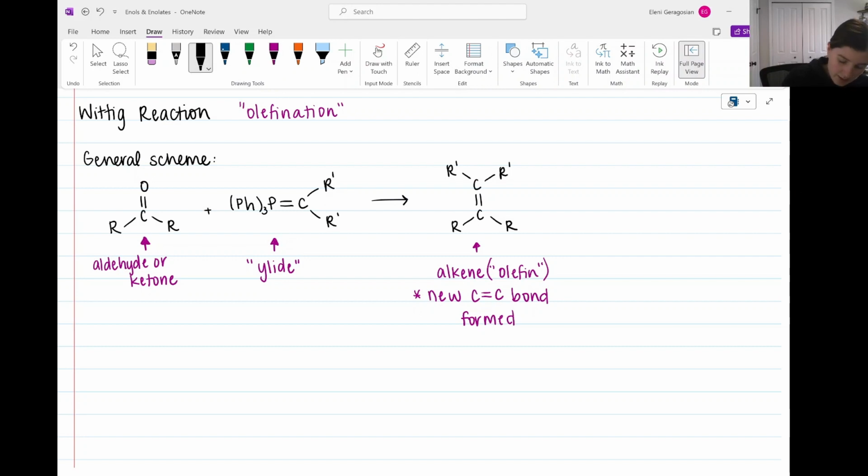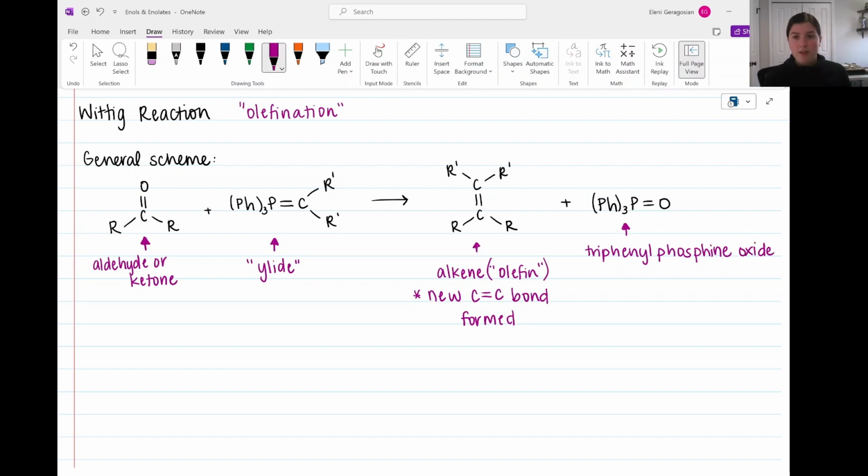And the byproduct of this reaction is triphenyl phosphine oxide, PH3 triphenyl phosphine oxide.